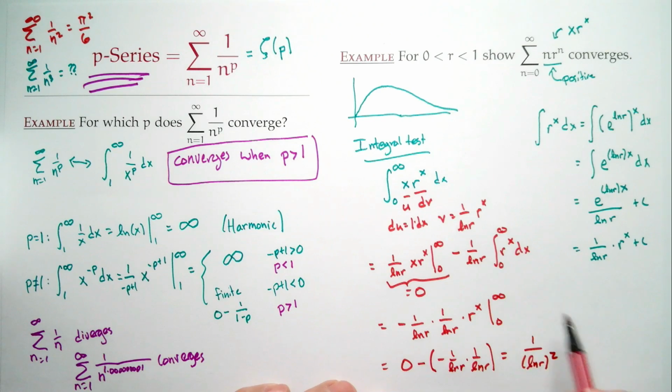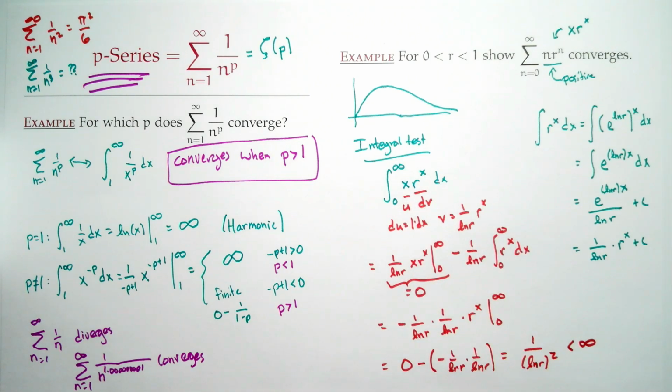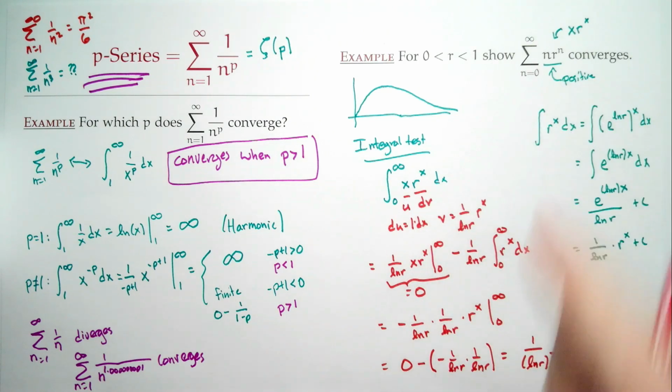Do we care about the value? No, not really. What do we care about? We care about, is it finite? And yeah, this is definitely finite. What does that tell us? It tells us the integral converges. But remember, the integral test says these things have the same behavior.